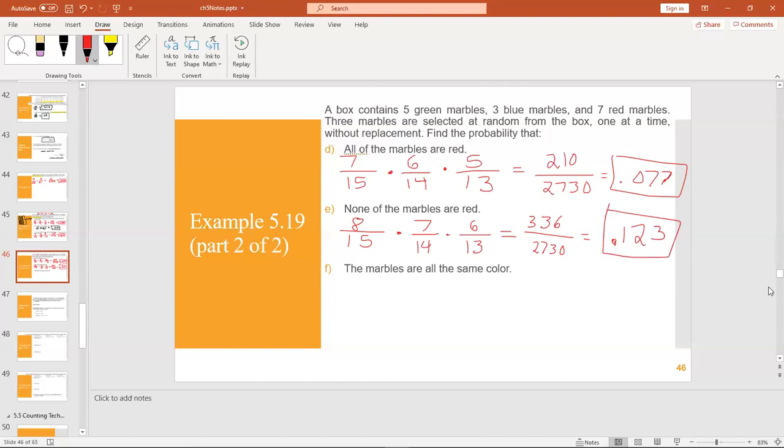And then what are the chances that all the marbles are the same color? Well, we already know all red. We already have red, red, red. That is 0.077. Let's figure out what blue, blue, blue is.